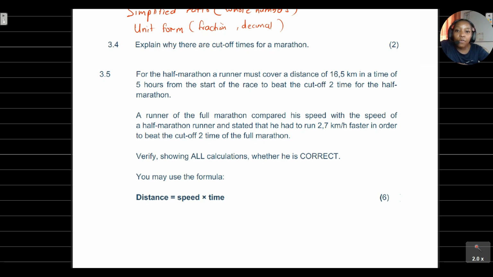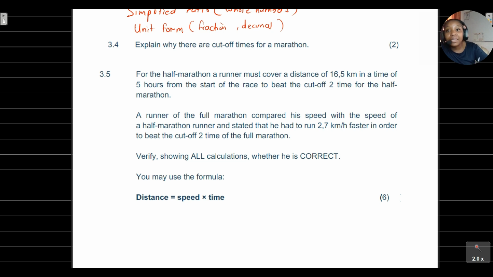A runner of the full marathon compared his speed with the speed of a half marathon runner and stated that he had to run 2.7 kilometers per hour faster in order to beat the cut-off time of the full marathon. Verify, showing all calculations, whether he is correct. You may use the formula.